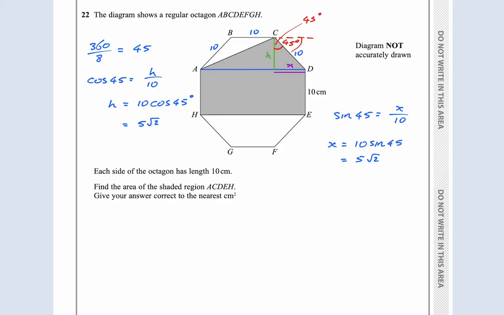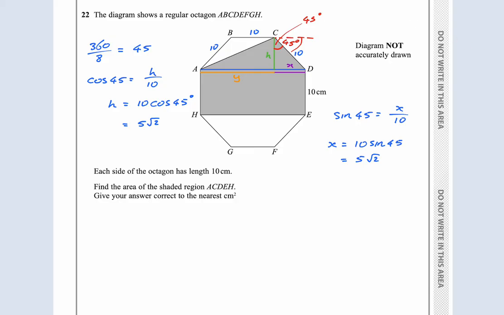Now I just need to find the rest of the blue line, which would be this orange line, and I'll call it Y. Okay, how am I going to find that? Well, right, this, guys, is challenging.